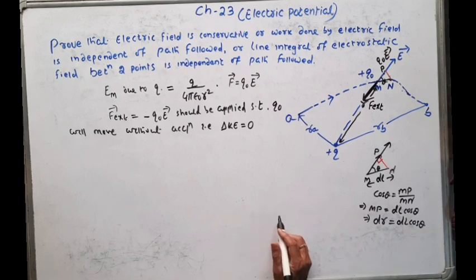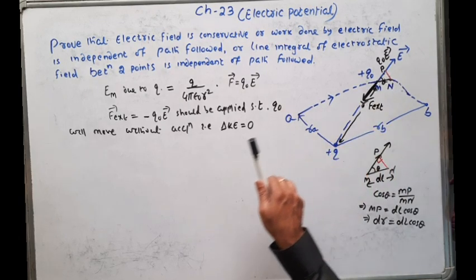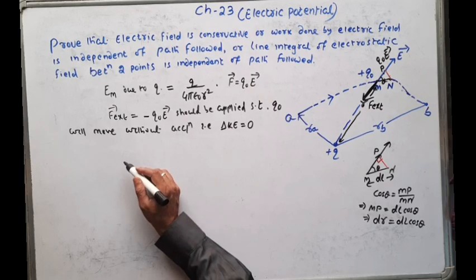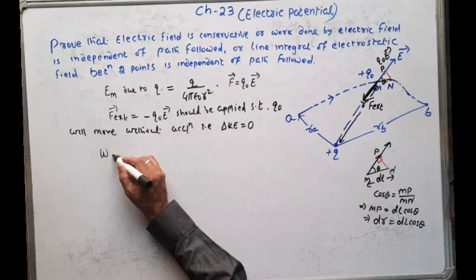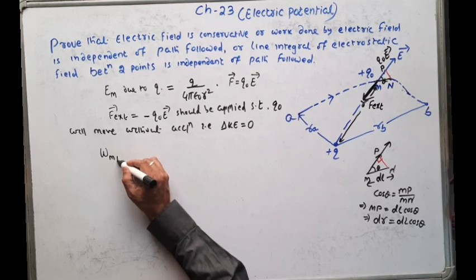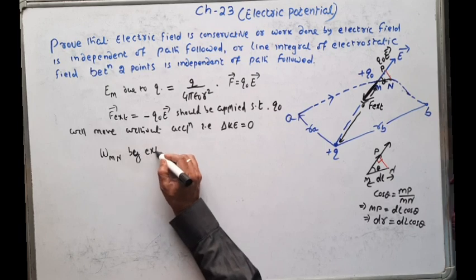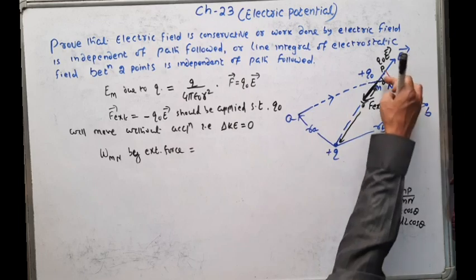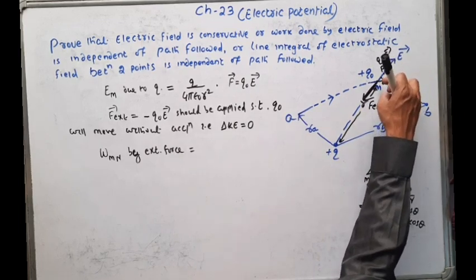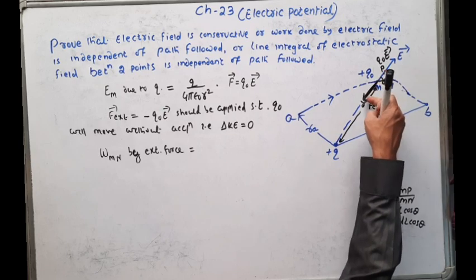So now we have to find what is the work done from M to N point, by which force? By external force. Because here the electric field is doing work, and to make the velocity constant, we have to apply an external force.